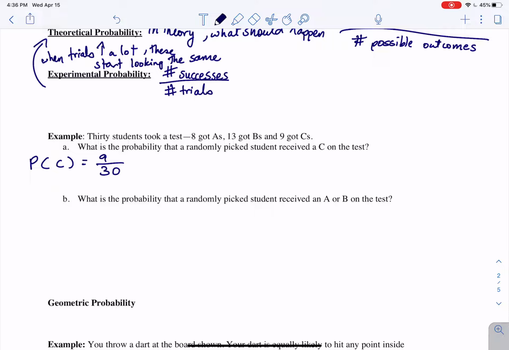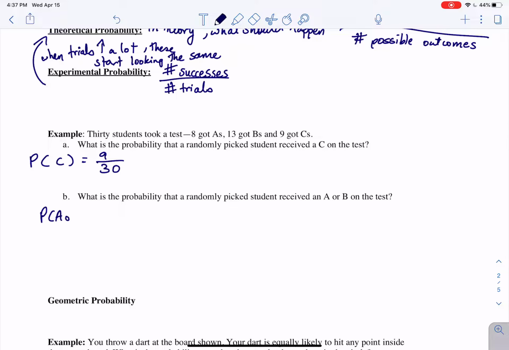I'm using real data that I have, rather than thinking about it as if 30 students take a test and there are 3 different letter grades I can give. It's not that 10 people got each grade. What's the probability that a student got either an A or a B? I have 2 different ways to do it. I can say the probability of A or B is 8 plus 13 divided by 30, so 21 out of 30.